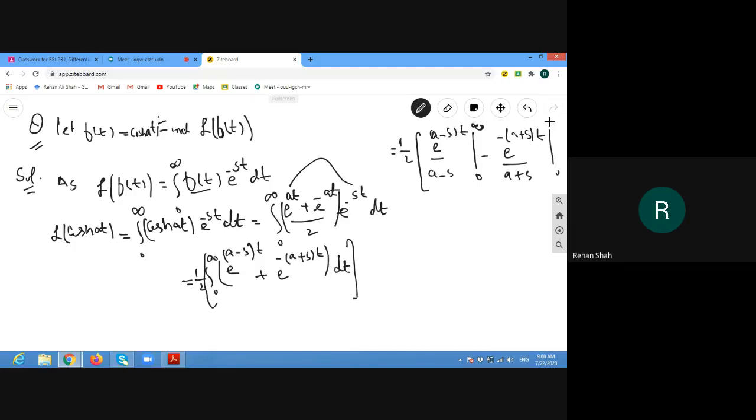So if you take s is greater than a, again this will give you 1 over 2, 1 over a minus s, and minus 1 over a plus s. If you put this limit, is this clear?